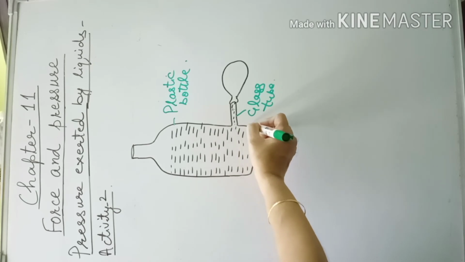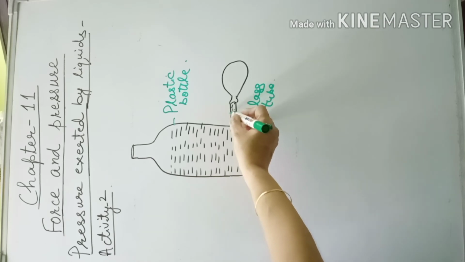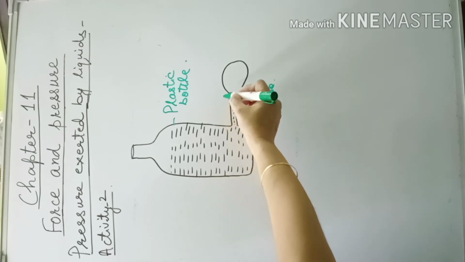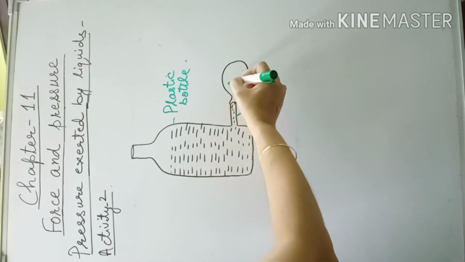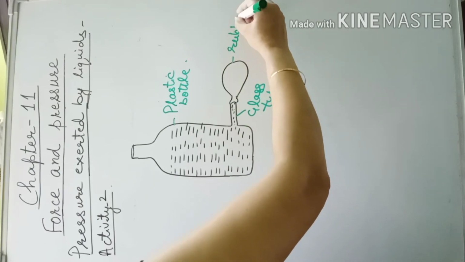Not at the bottom, near its bottom. So water should not leak from the joint. Now cover the mouth of the glass tube with a thin rubber sheet. So this is rubber sheet.